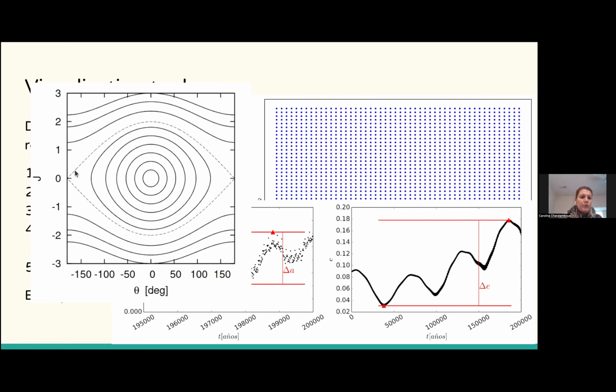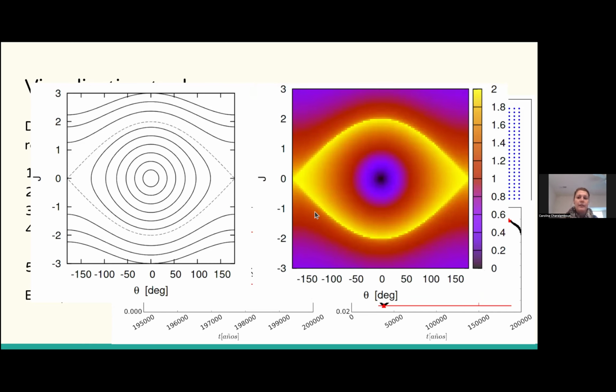So now imagine that we divide this plane in a grid of initial conditions, let's say 100 by 100, and we integrate them, and we plot the variation of, for example, the eccentricity. And so we see basically the different colors. We see in yellow where we have large variation of the quantity that we're plotting, and we see that here we have different motion than the yellow one here.